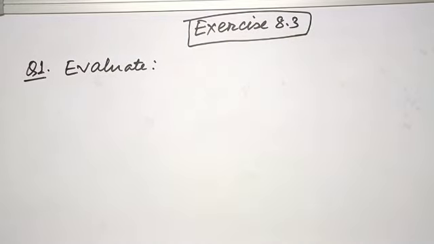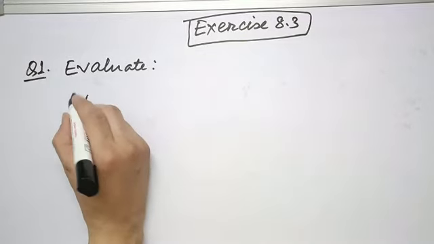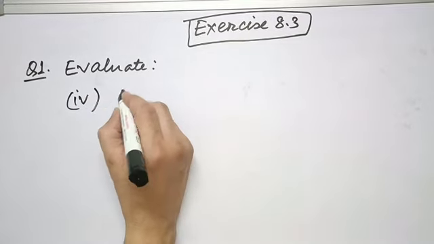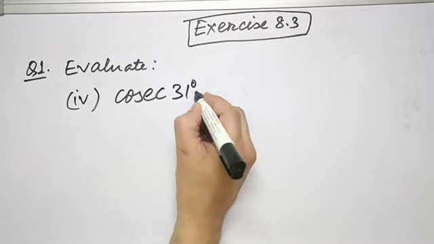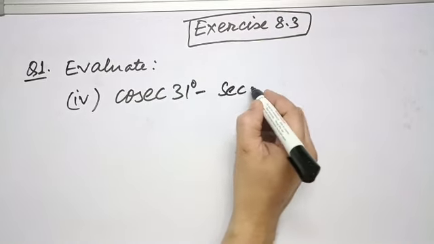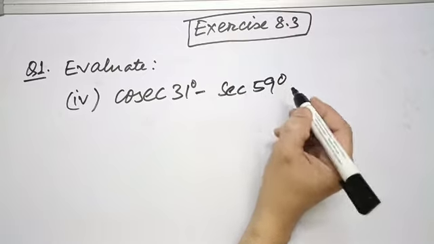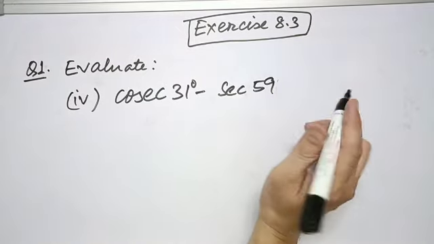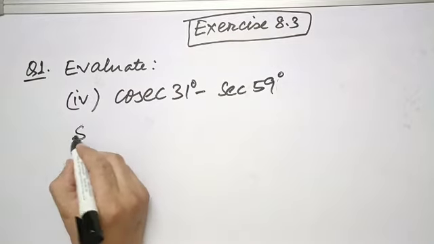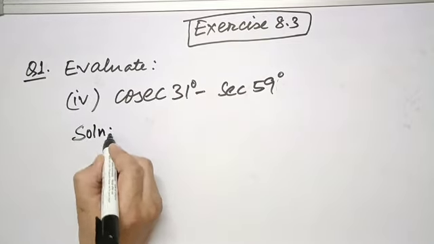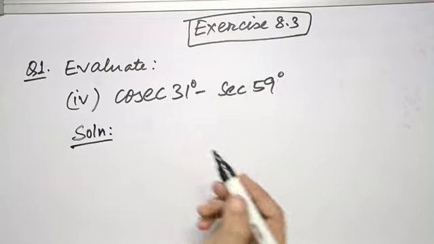Let us solve one more question from this exercise, that is Roman number 4, and it says cosec 31 degree minus sec 59 degree. Now change any of the values.